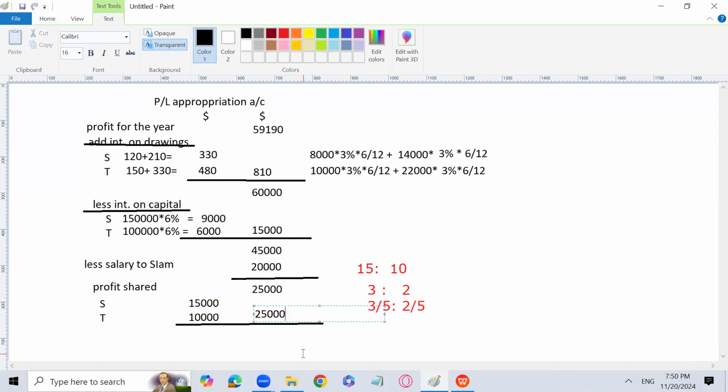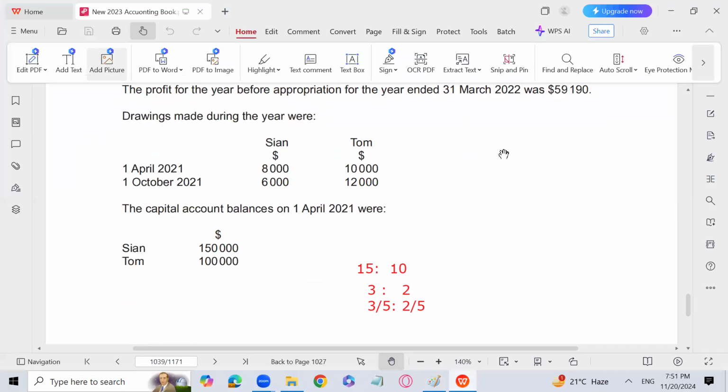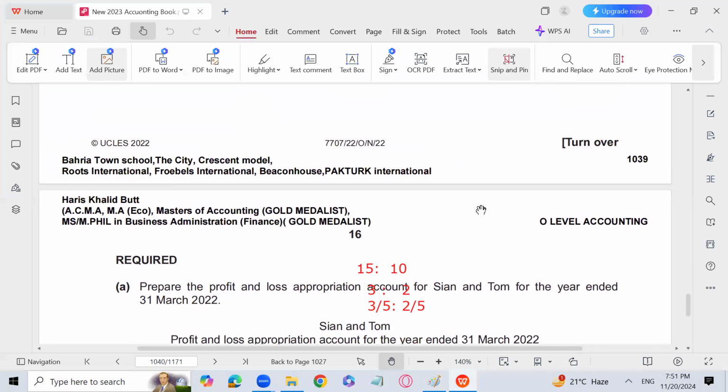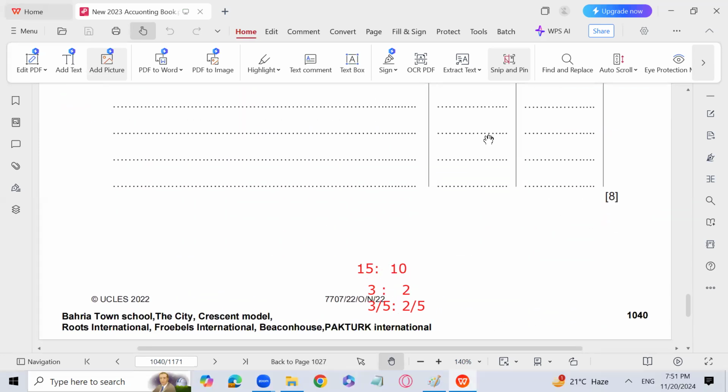That's it. So we are done with the profit and loss appropriation account, but there is a point of interest on drawing, which I have gone through very easily and in detail. I have discussed it with you. Let's go for the next part of the question, because it has come in October, November 22, and we are done with the profit and loss appropriation account.